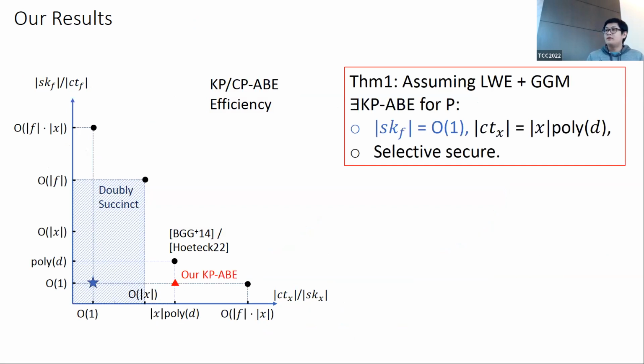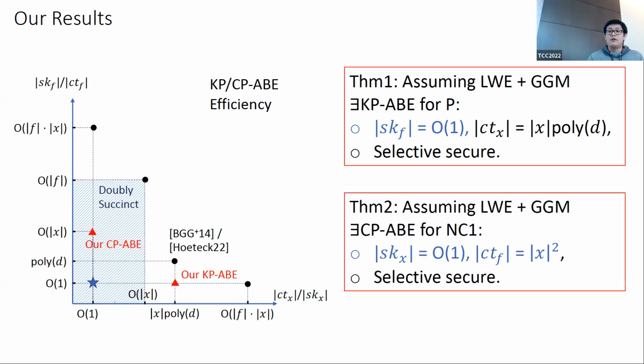First, assuming LWE, and in the generic pairing group model, we construct a KP-ABE scheme for P. The first scheme, KP-ABE for P, that has constant size secret keys. Previous such schemes have secret key size at least polynomial in D. We also construct the KP-ABE for NC1, also having constant size secret keys.